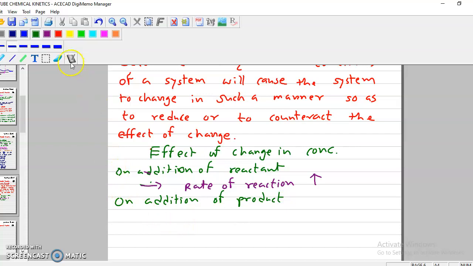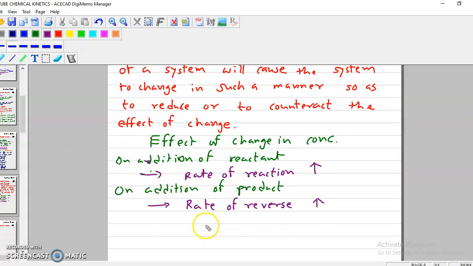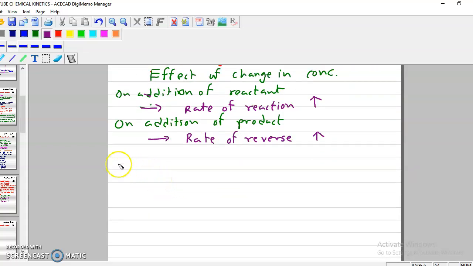When you add product at equilibrium, then the rate of reverse reaction increases. So this is the effect according to Le Chatelier's principle. Similarly, on removal of product, what happens?